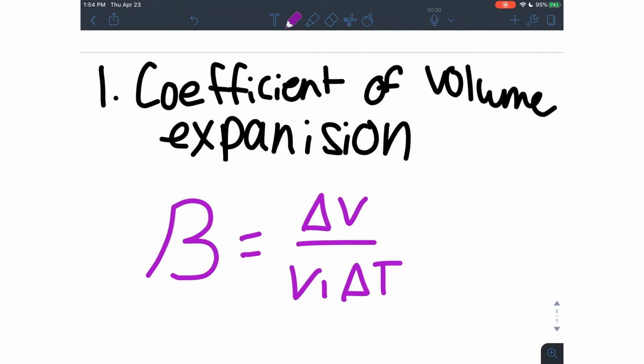The other equation to talk about expansion is the coefficient of volume expansion equation. This is basically the same equation as the linear expansion equation, except we're talking about volume instead of length. So the coefficient is the change in volume over the original volume times the change in temperature.